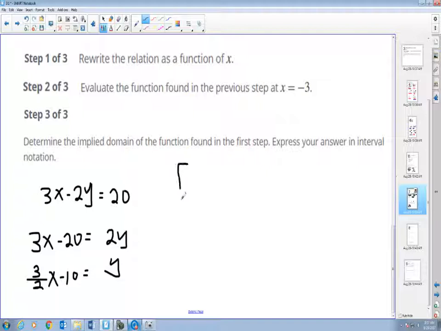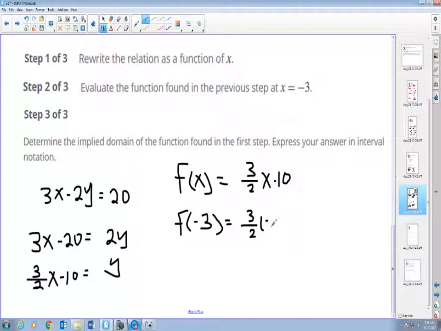So my function f of x would just be 3 over 2 x minus 10. I know this is going to be a straight line because this is a linear function. So when I evaluate x at negative 3, substitute negative 3 for x, that will be 3 over 2 times negative 3 minus 10.